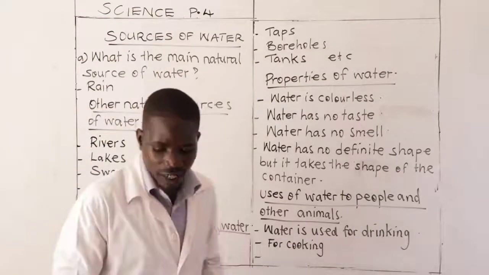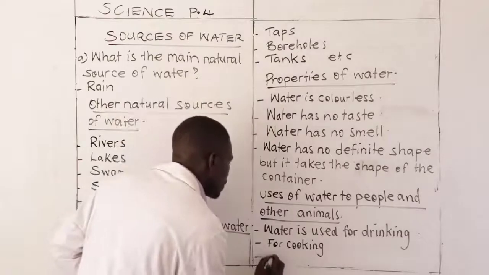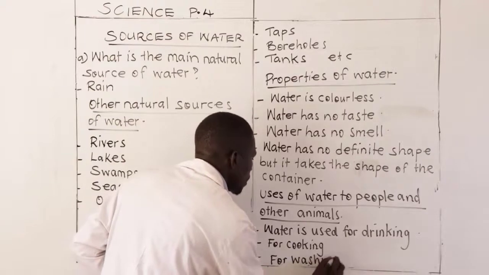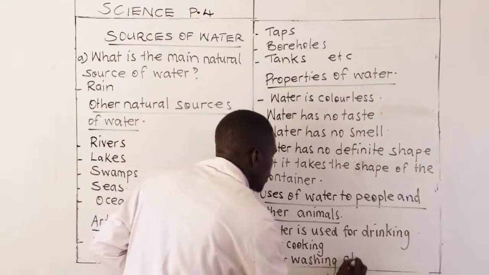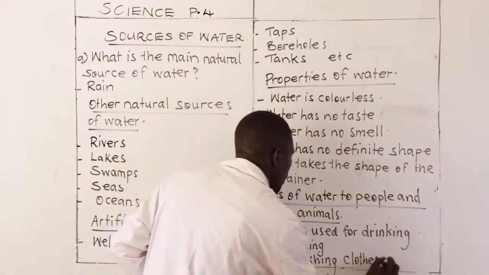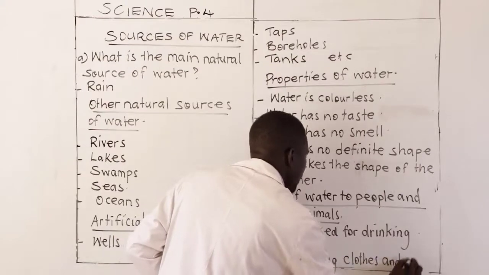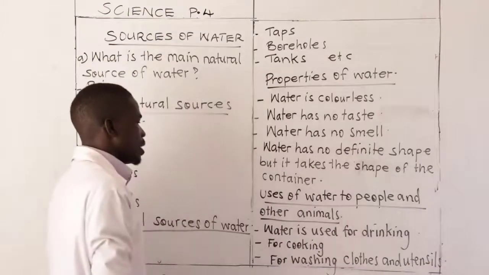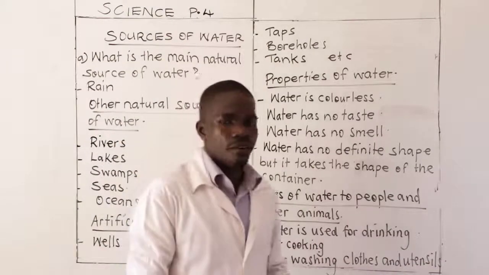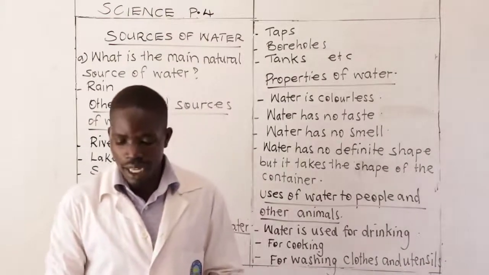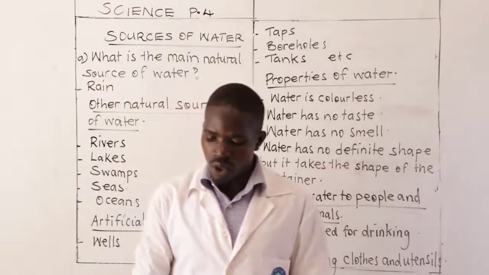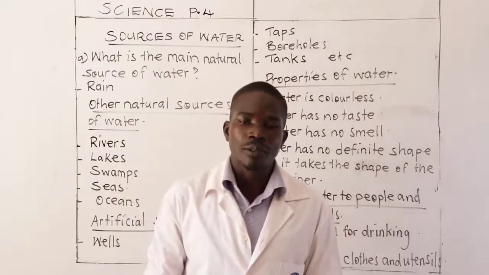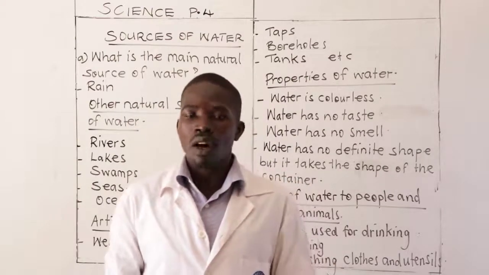Another use of water is for washing clothes and utensils. And there are very many other uses of water. Sometimes water is used for watering crops, and water is a habitat of some animals.